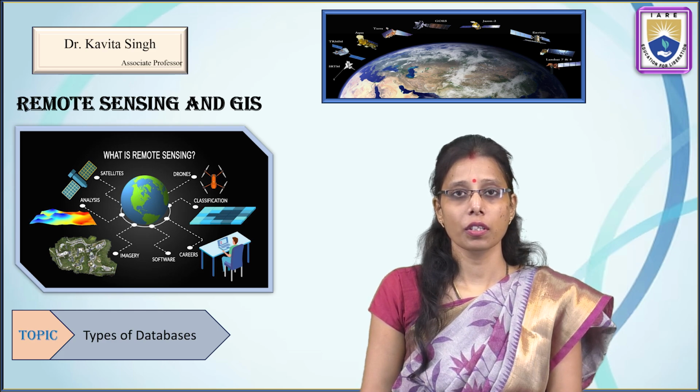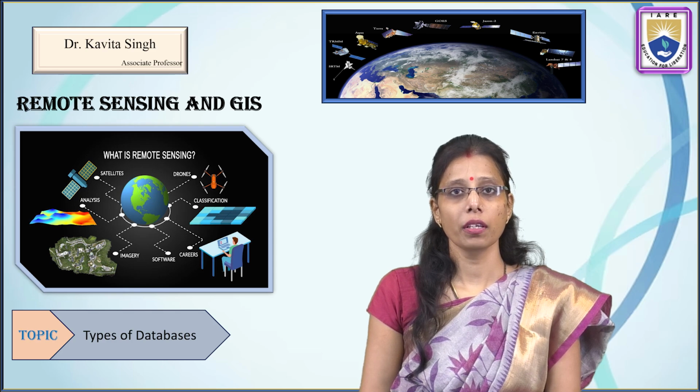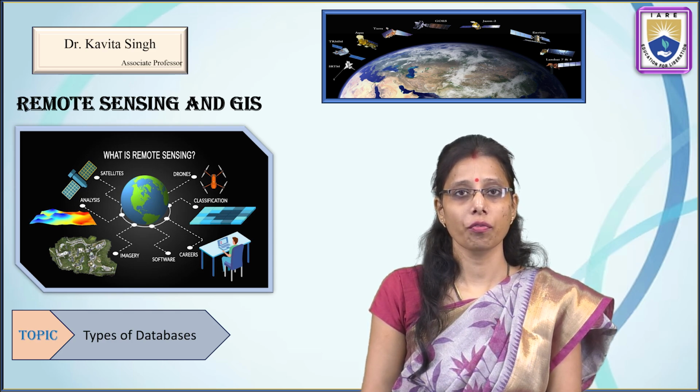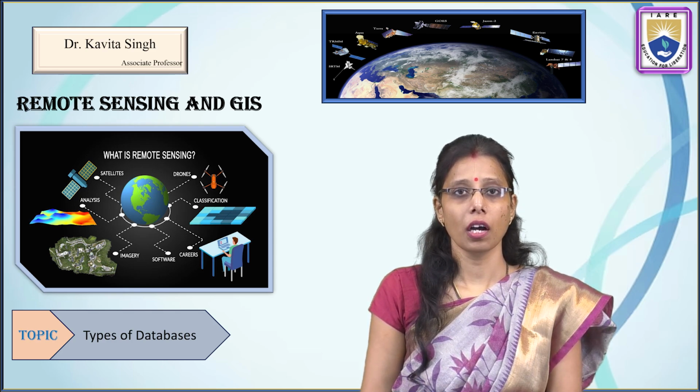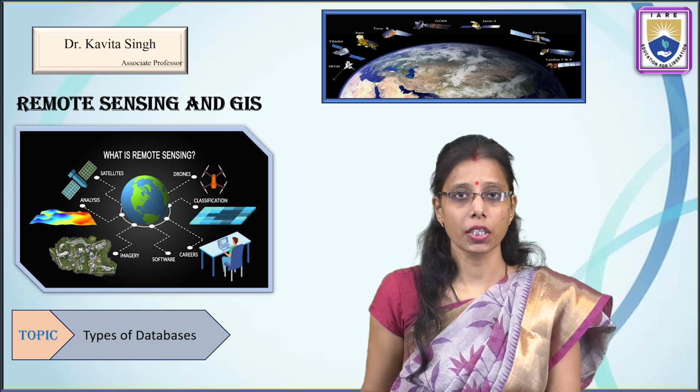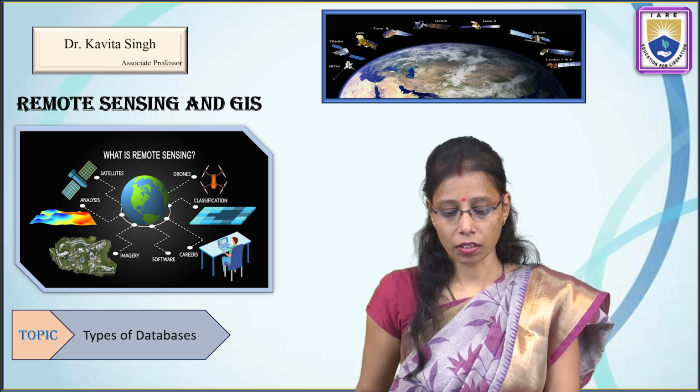Now we have discussed the database management system in the previous lecture. Today we'll be learning about the different types of databases, what each has, and how it stores the information. So let us start with the contents.